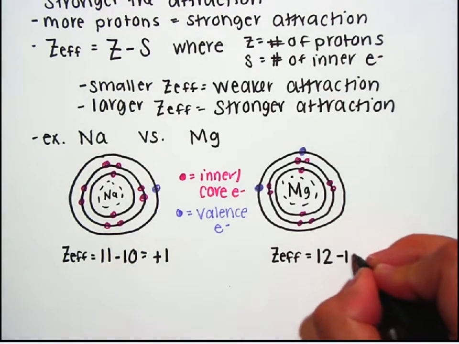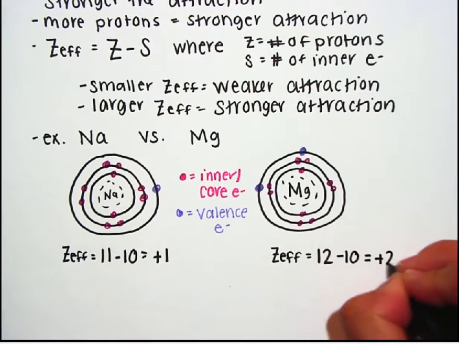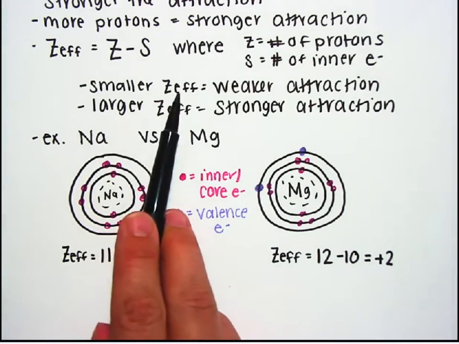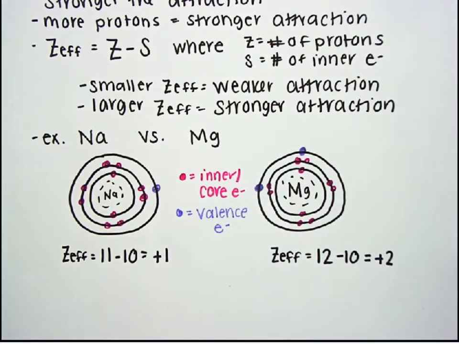It also has 10 inner or core electrons, so its ZEF is going to be +2. Sodium has a smaller ZEF, therefore it has a weaker attraction. So that's going to be important to understand why certain properties occur, why there are certain trends as we move across a period.